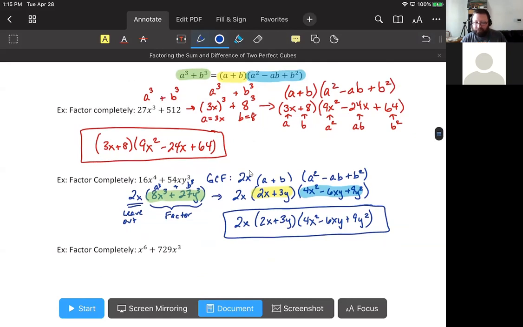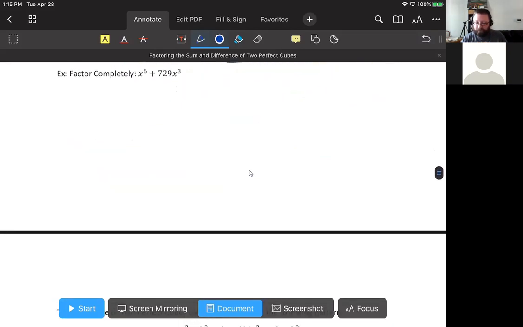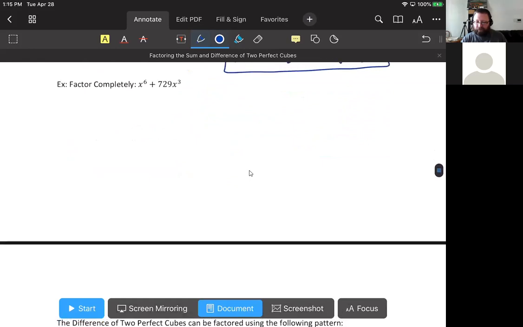Okay, so same deal. This next problem here, we have a GCF. So we need to start by factoring out the GCF. Both terms of this polynomial are divisible by x cubed. Okay? So we're going to take that x cubed out. And when we do that, the two other terms get divided by x cubed.